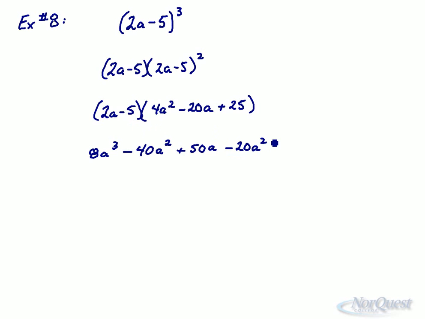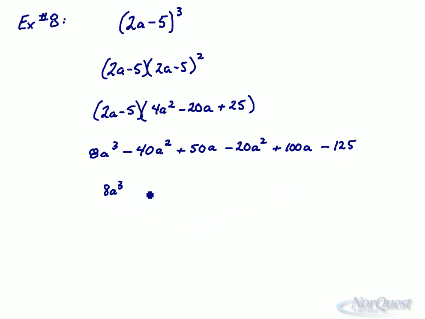Negative 5 times negative 20a will give us plus 100a. Negative 5 times 25, minus 125. Collect like terms. There's only one a cubed, so 8a cubed.